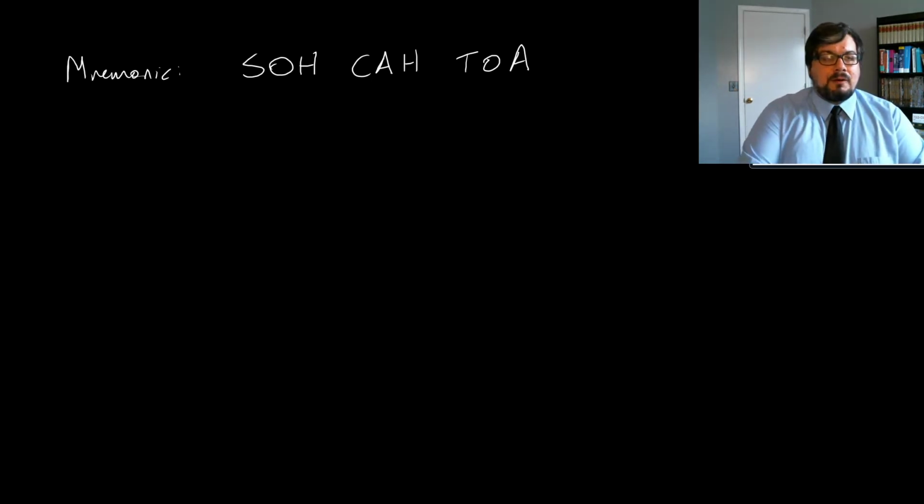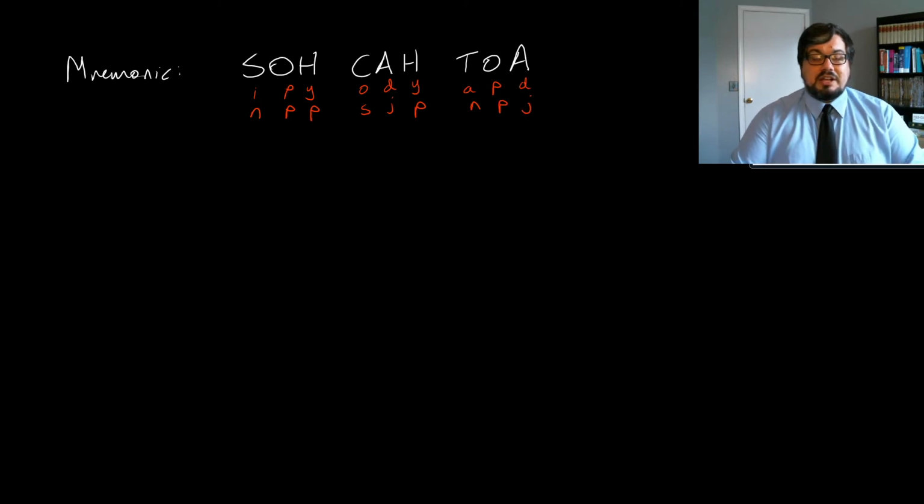And what this stands for is that sine is opposite over hypotenuse, cosine is adjacent over hypotenuse, and tangent is equal to opposite over adjacent. So if we can remember these and remember that each of the other 3 functions is just the reciprocal of one of these, then we can work it all out.